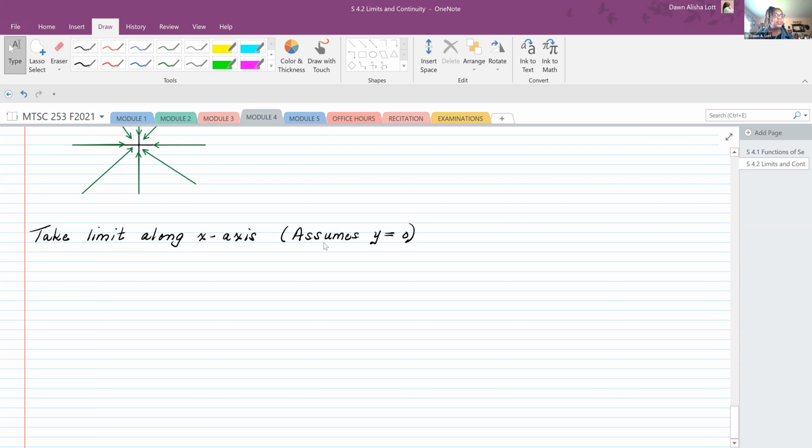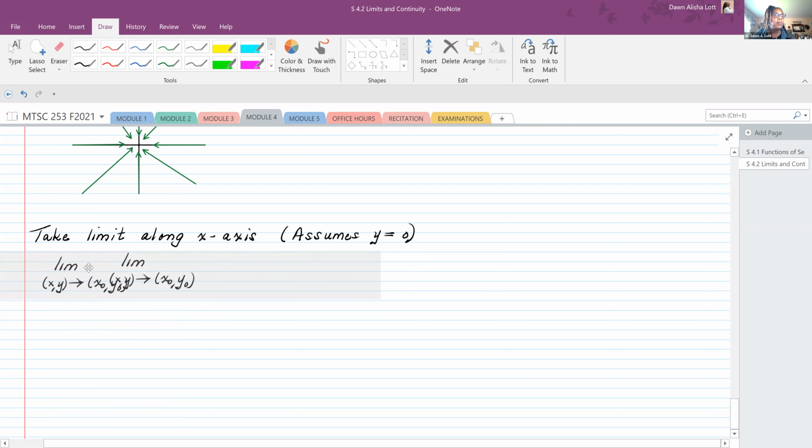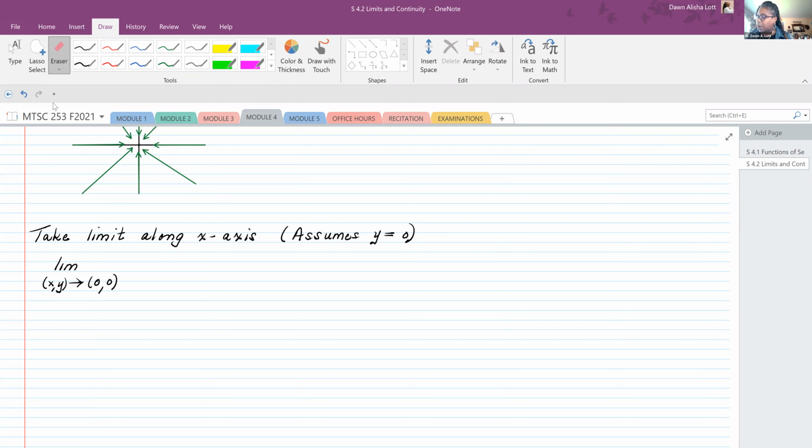So when I do that limit, and I'm approaching 0, 0, the assumption is that y is already 0. So on this axis, y is already 0. I can just see that the only thing moving is x, because y is already 0.